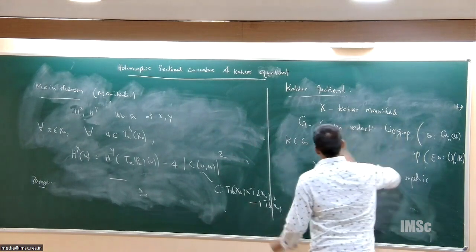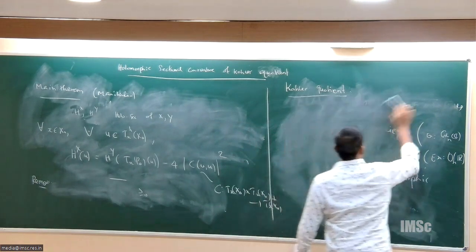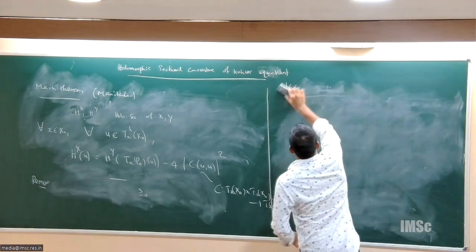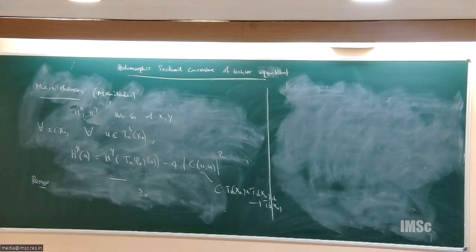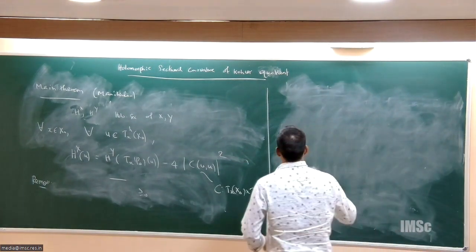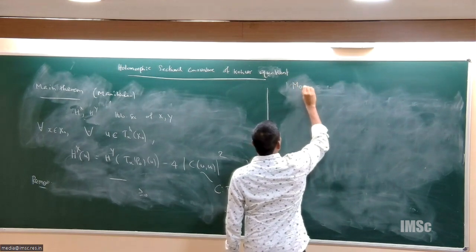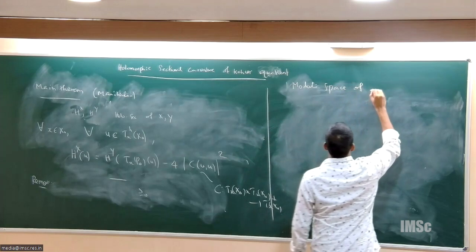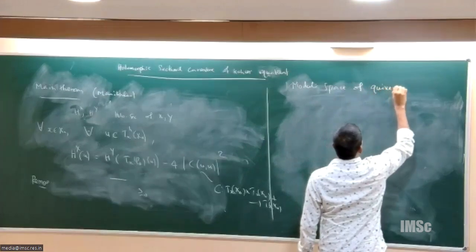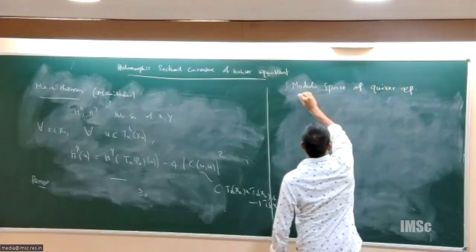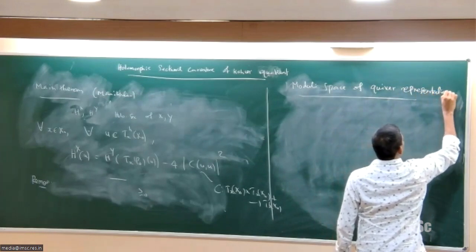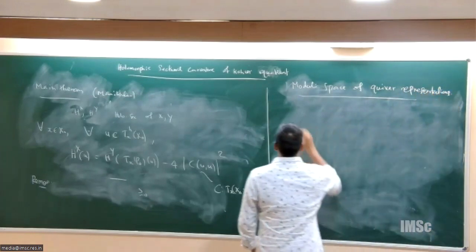Now we apply this main result to the moduli space of quiver representations. Q is a directed graph.